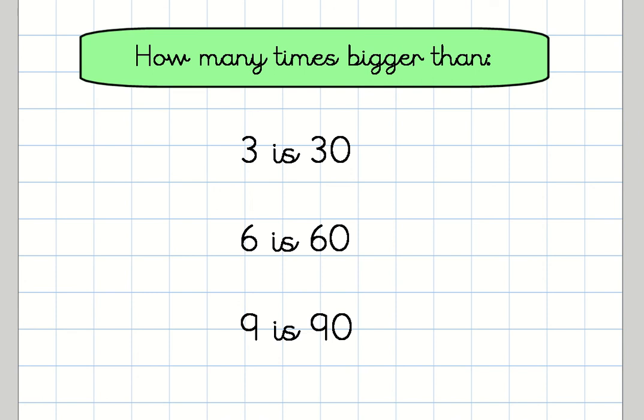What do you times 6 by to make 60? And what do you times 9 by to make 90? And hopefully you'll recognise that all of them are 10 times bigger, which means 3 times 10 is 30, 6 times 10 is 60, and 9 times 10 is 90. And we're going to use these facts today to help us with our division.